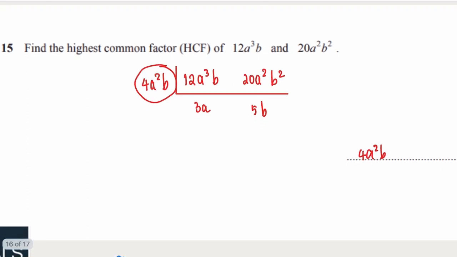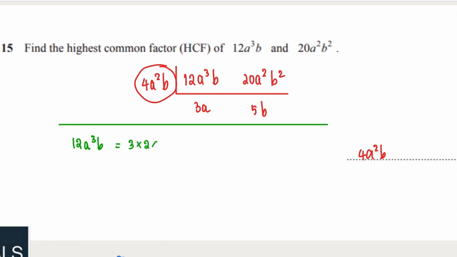Or you can do another way by expanding the factors. 12a cubed b is equal to 3 times 2 times 2 times a times a times a times b. 20a squared b is 5 times 2 times 2 times a times a times b.